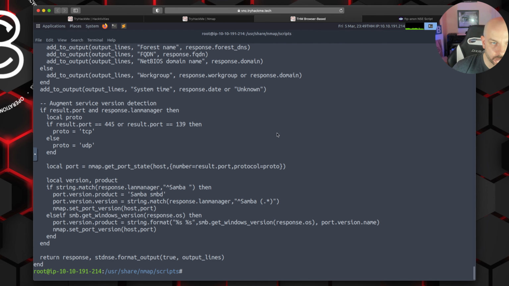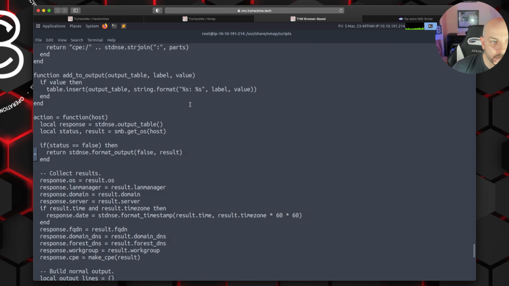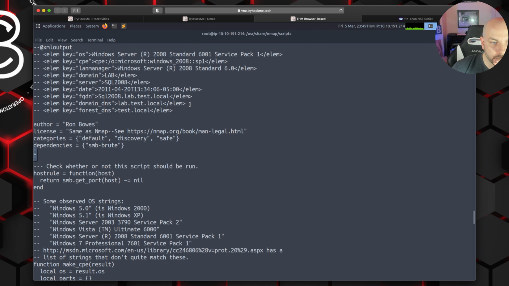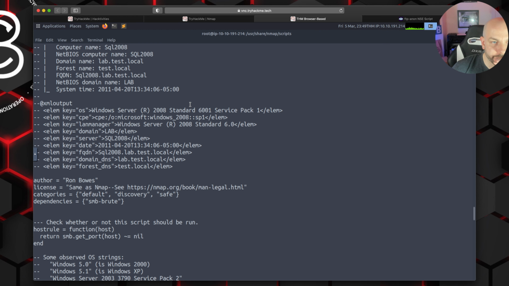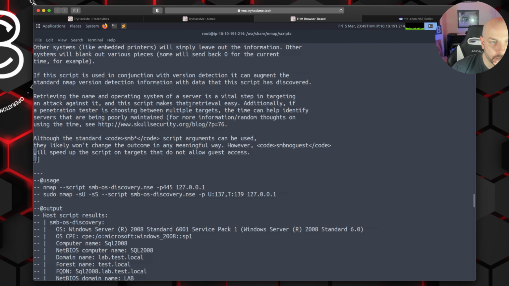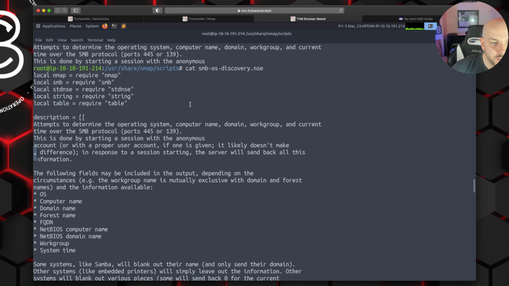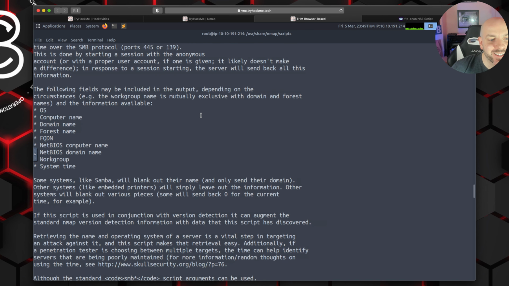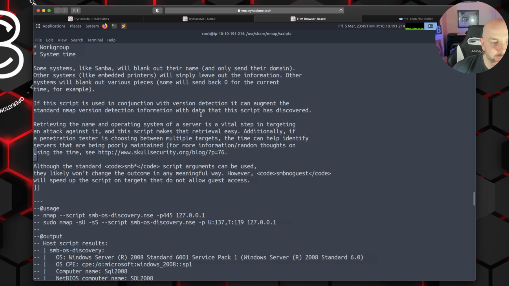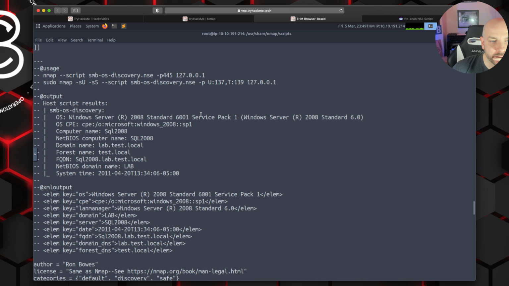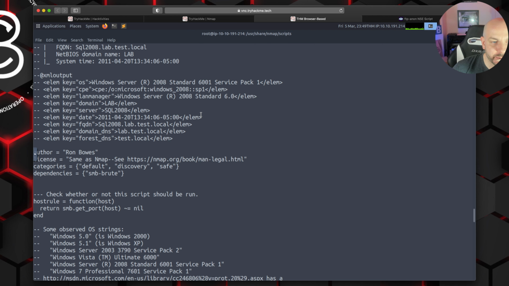There we go. Definitely did not get the whole file. All right, we were looking for those brackets. There's a good amount of information. Output, dependencies, smb-brute. There we go.